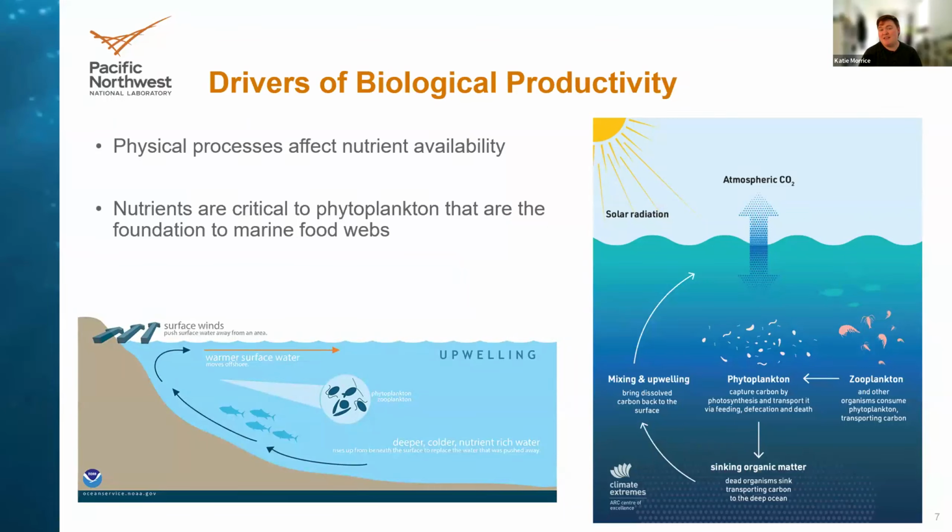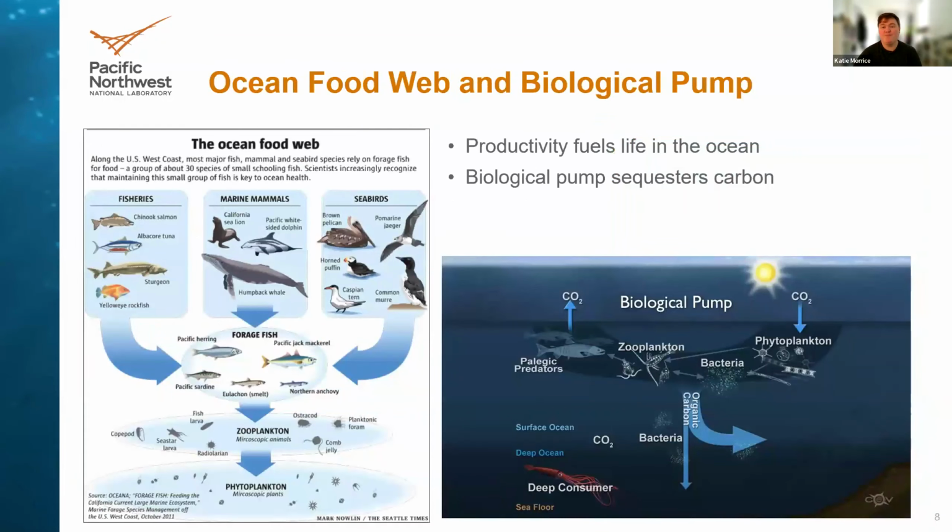This is one of several different mechanisms through which nutrients are delivered to the surface, but upwelling plays a critical role, especially in eastern boundary current systems. Through mixing and upwelling, these nutrient-rich waters are brought to the surface layer and fuel phytoplankton production. And phytoplankton are the foundation to marine food webs.